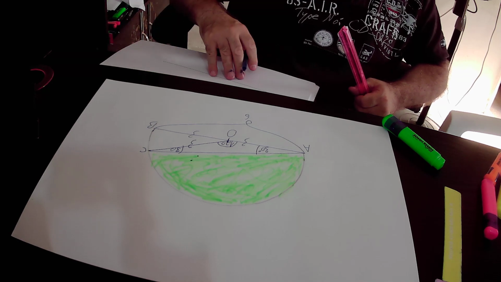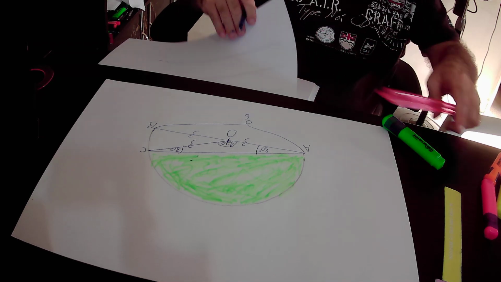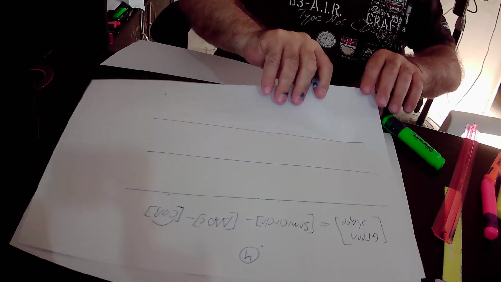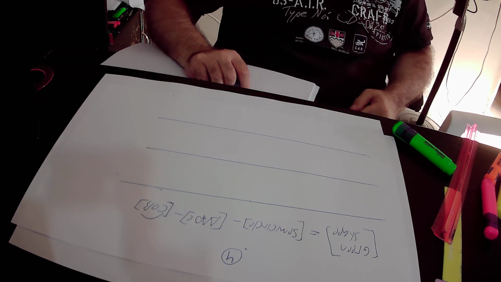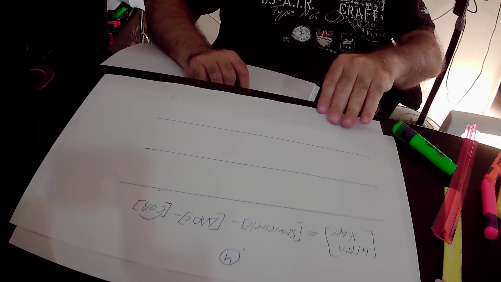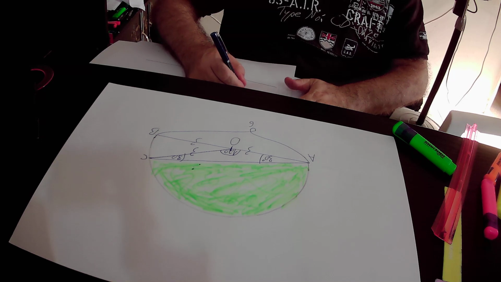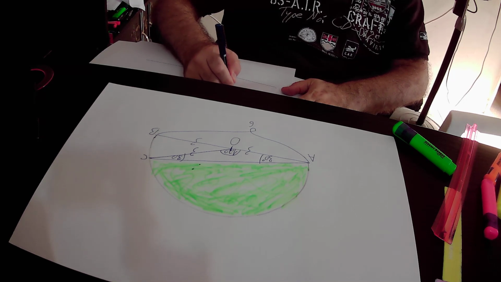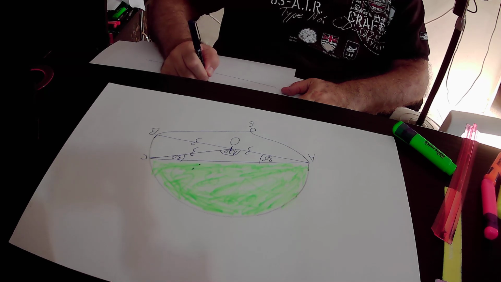Repeat again. According to the second method, the area of this green shape will be equal to the area of the semicircle minus the area of triangle AOC minus the area of sector COB. What is the area of the semicircle? The area of the semicircle equals the area of the circle over 2. The area of the circle is pi r squared, and if we divide it by 2, we get the area of the semicircle.